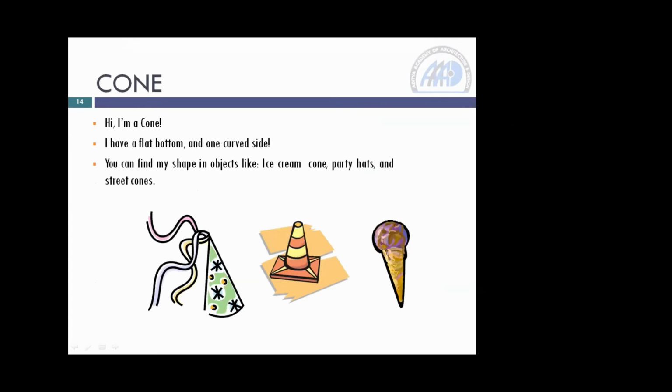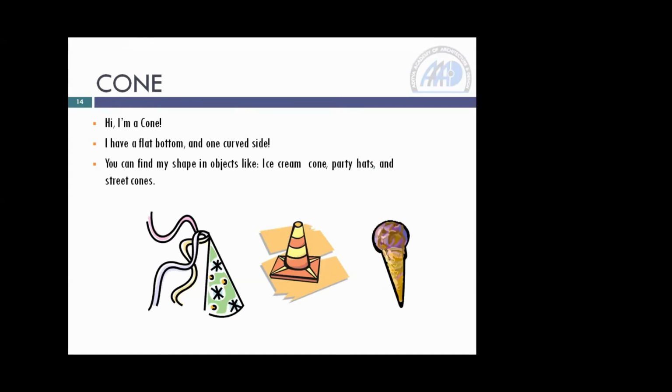Yes, sir. And this is a cone. It has a flat bottom and a curved side. One side is curved. We can see it here. A lot of people would have had ice cream cones, and would have been going to parties.